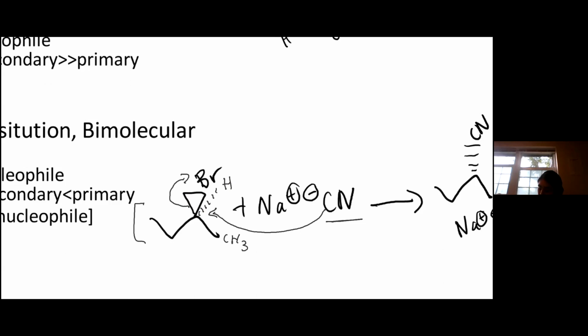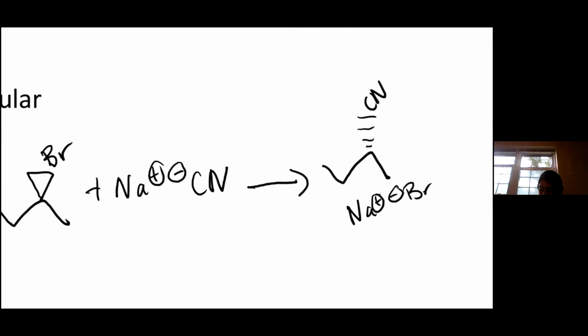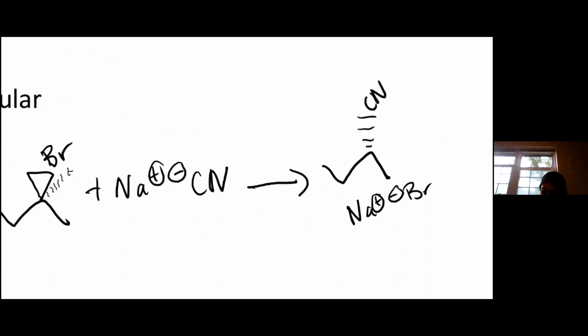So what's going to end up being the product? Let me zoom in over here. Again, the CN came from the back, so it's going to be a dash now. It's going to replace where the H was from. Let me redraw that H right here. And the H was pushed forward, so now the H is that wedge right there. Does that make sense?